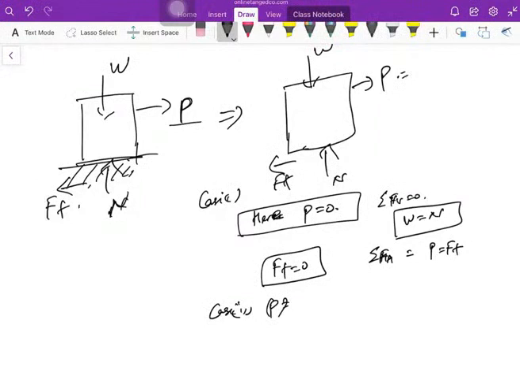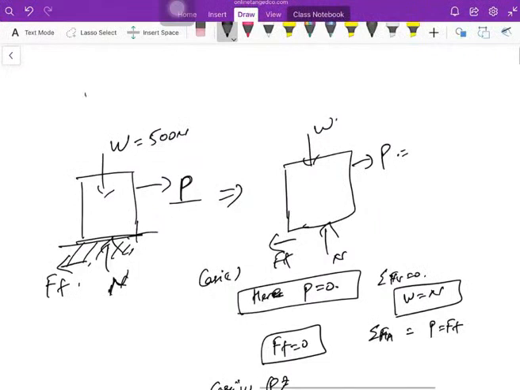For example, let me say the block is a 50 kg block. The weight will be 50 into 10, 500 newtons, because weight is equal to mass into acceleration due to gravity. I'm assuming acceleration due to gravity is 10 meter per second square. So the weight is 500 newton.